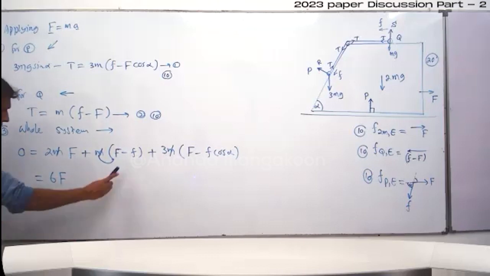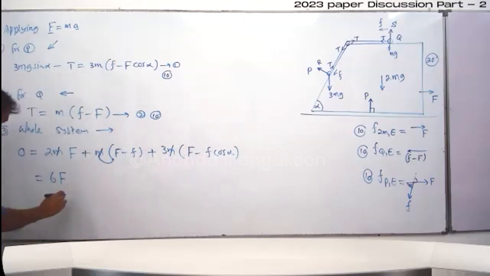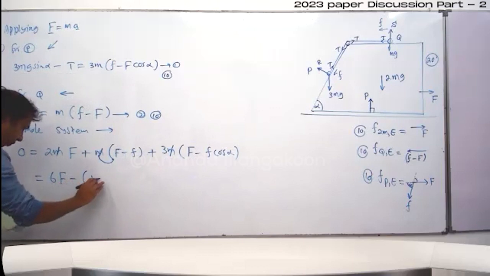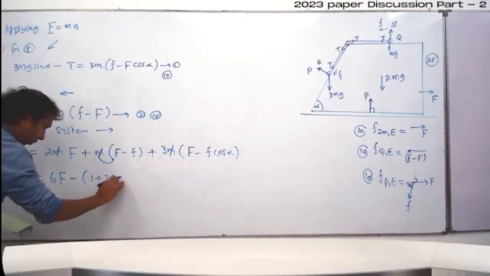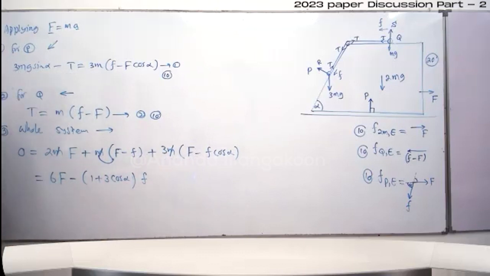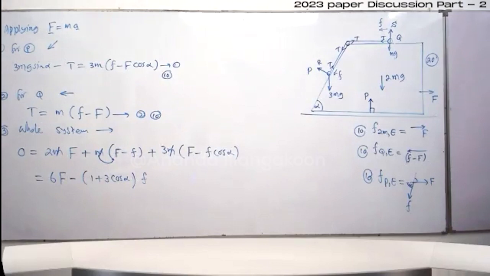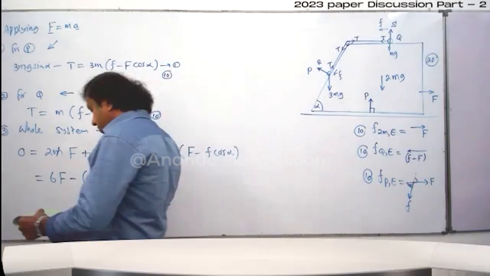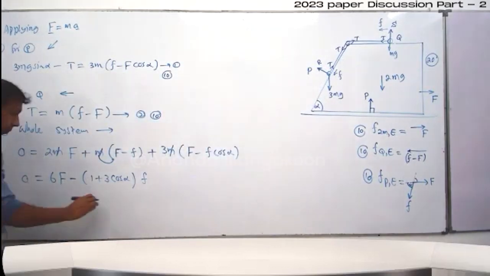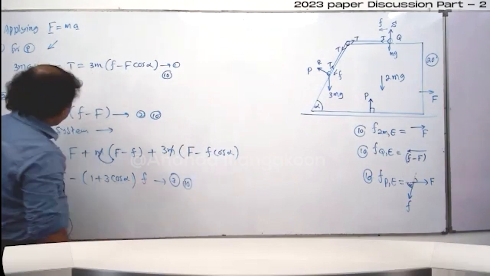And the other simple f terms, when you take them together from here and here, we can take with the minus sign out. Then we get 1 plus 3 cos alpha times f. Correct, no? The left hand side is 0. Number 3. For this also 10 marks coming.